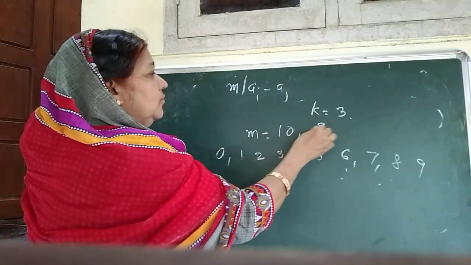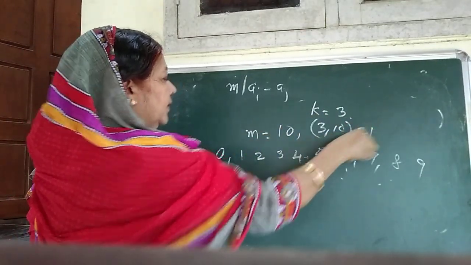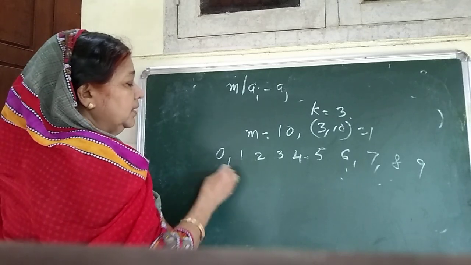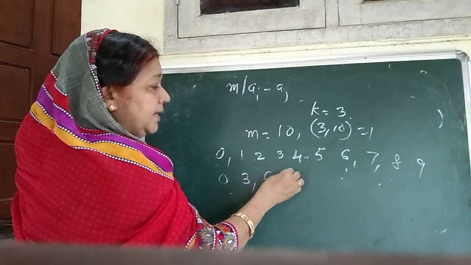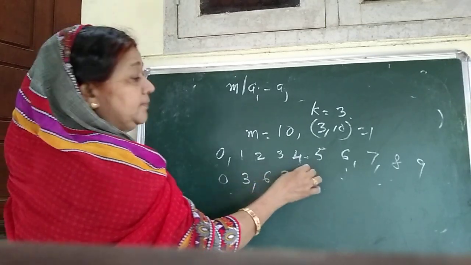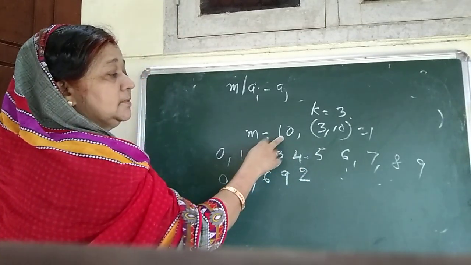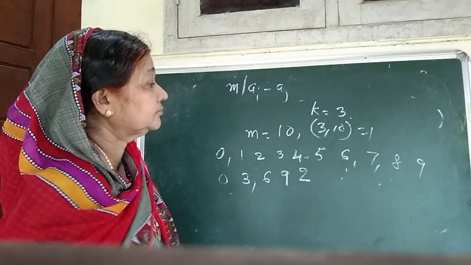The gcd of 3 and 10 equals 1. Then 3 into 0 is 0, 3 into 1 is 3, 3 into 2 is 6, 3 into 3 is 9, 3 into 4 is 12, that means the remainder is 2.